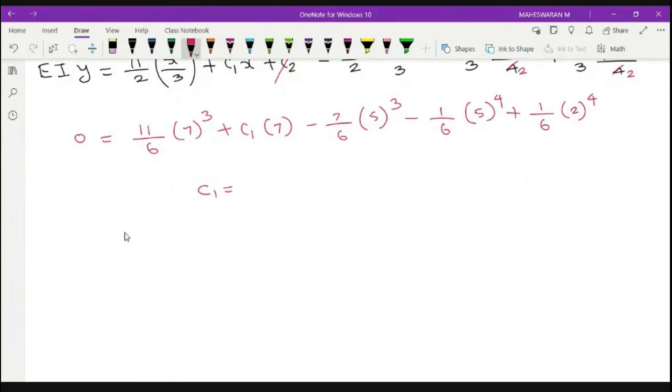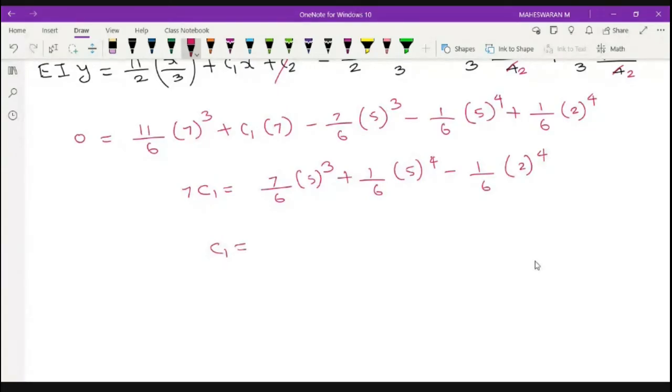Just bring every term to the other side. When I do that, we get 7 by 6 into 5 cube plus 1 by 6 into 5 power 4 minus 1 by 6 into 2 power 4. Then divide by 7, and you'll get the value of C1. Can you tell me the value of C1?